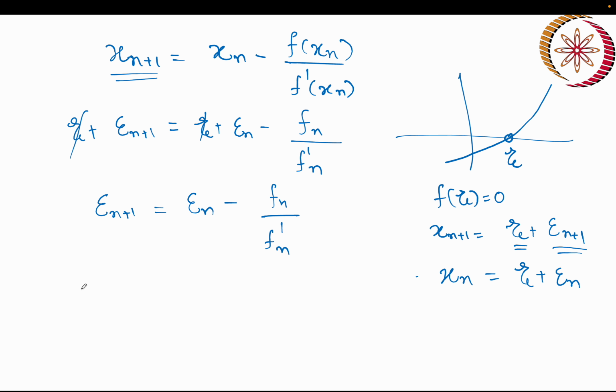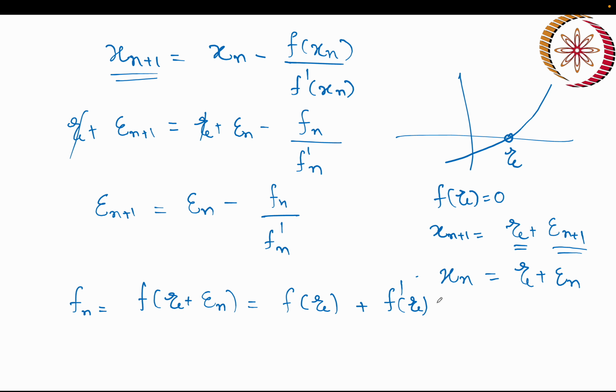Now f_n is nothing but f at xi plus epsilon n, so we can expand it using the Taylor series. It will be f of xi plus f dash at xi into epsilon n plus f double dash xi by 2 factorial into epsilon n square.